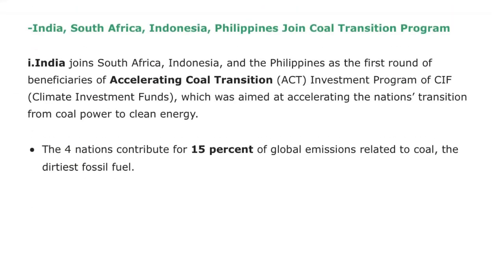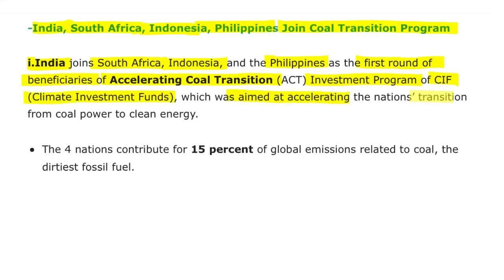Then we will be talking about a joint coal transition program. India, South Africa, Indonesia and the Philippines join the coal transition program. India has joined South Africa, Indonesia and the Philippines as the first round of beneficiaries of the accelerating coal transition investment program of the CIF, the Climate Investment Fund, which aims at accelerating the nations' transition from coal power to clean energy.